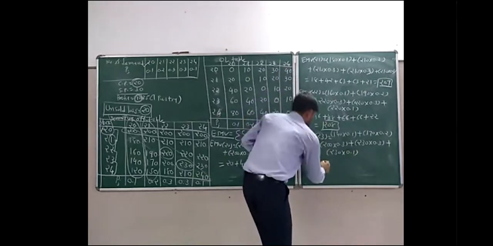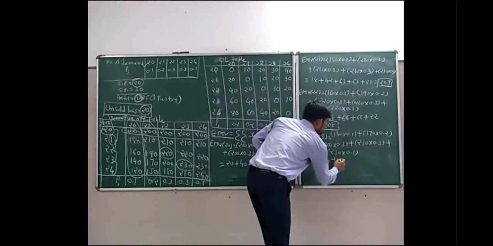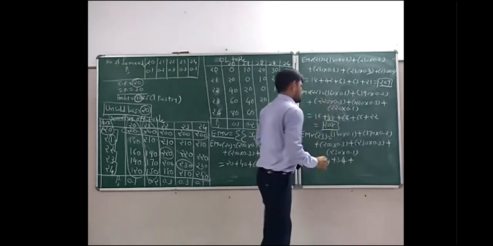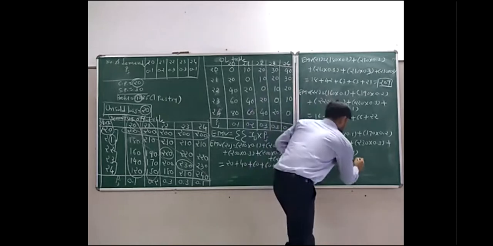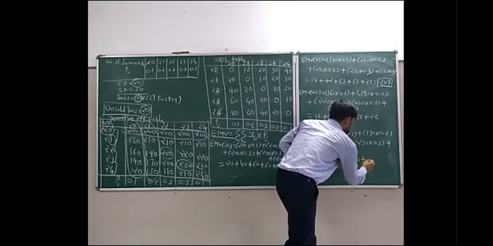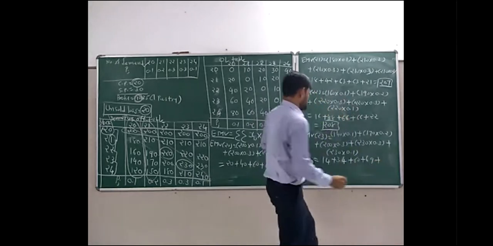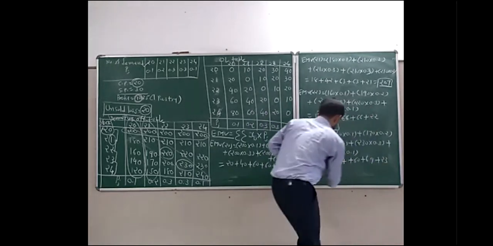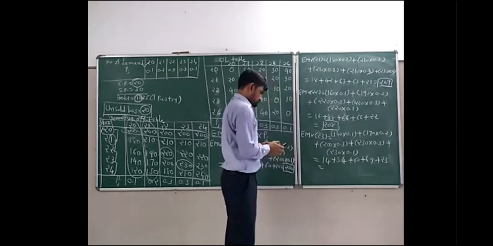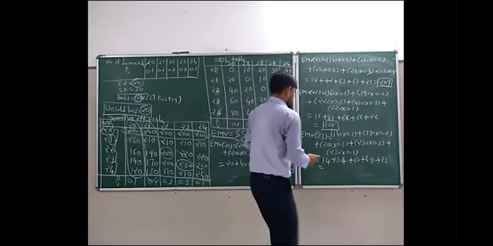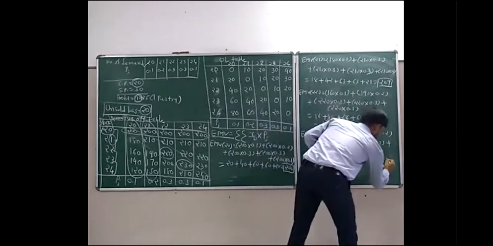So the answer is 14 plus 34 plus 60 plus 69 plus 23. So the answer is 200.